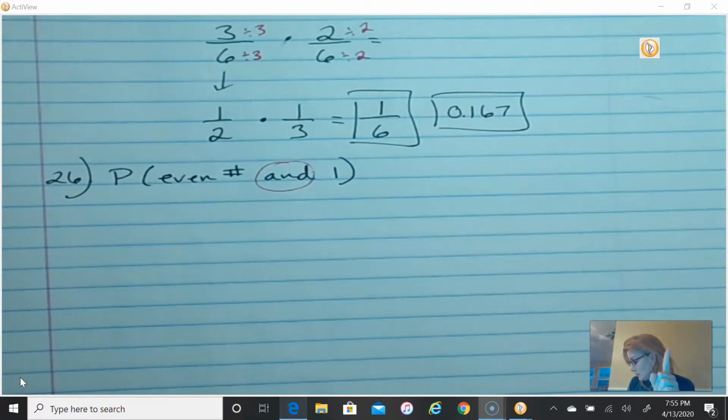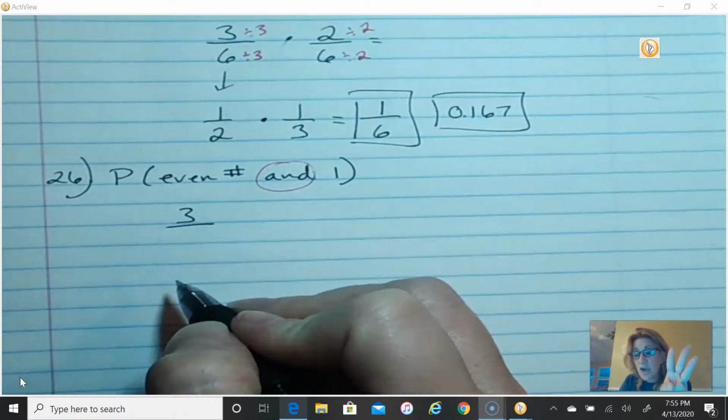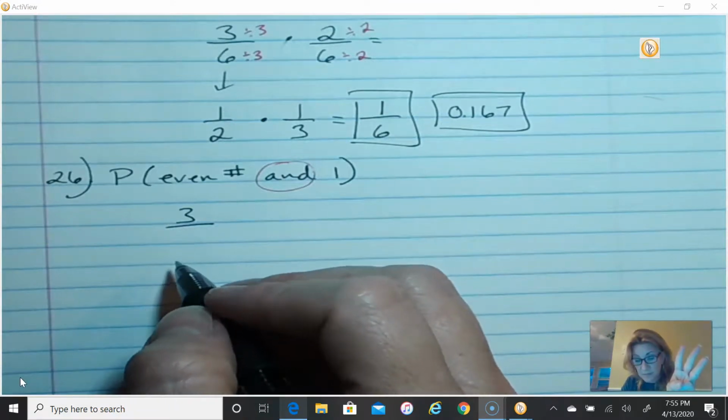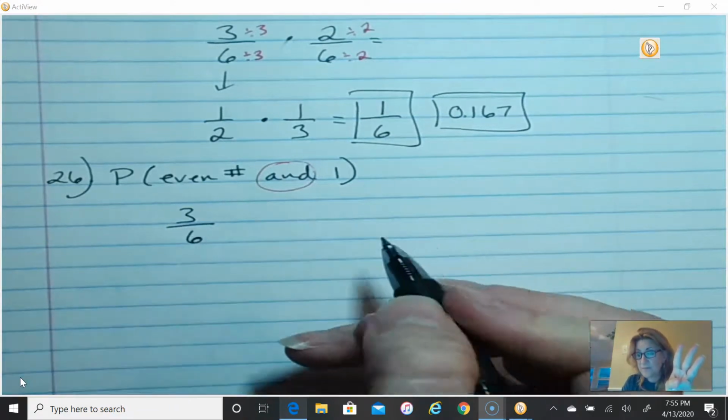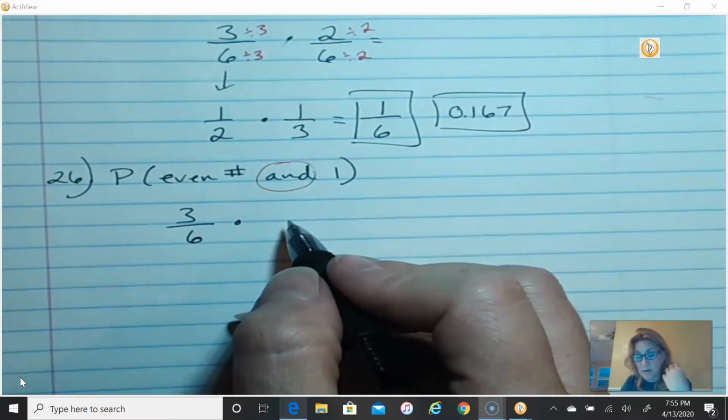You have a 2, a 4, and a 6. So 3 are even. How many total cards do you have there? You have 6. Times how many 1s are there?